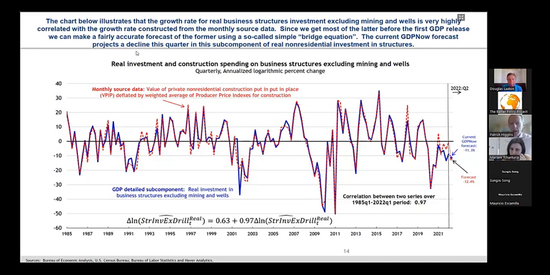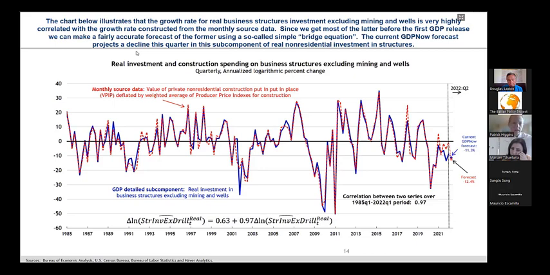That subcomponent, the building of structures, is about 85% of non-residential structures investment. That also includes oil well drilling, which is not picked up in this construction put in place data. So this indicator is used to forecast about 80% of the non-residential structures investment.